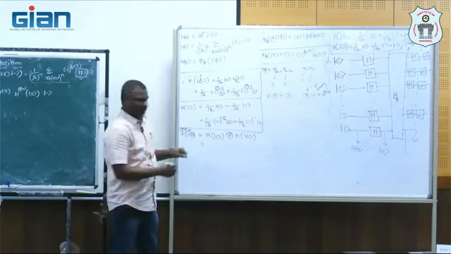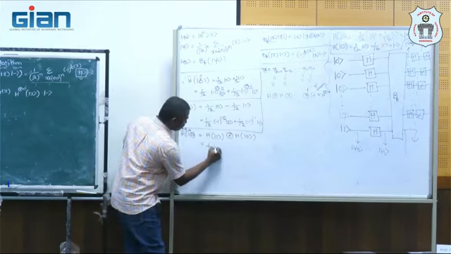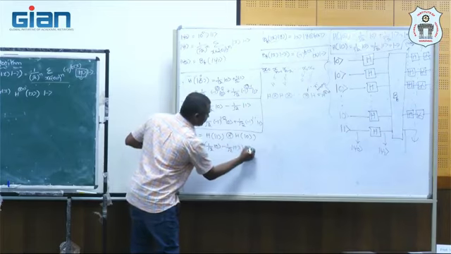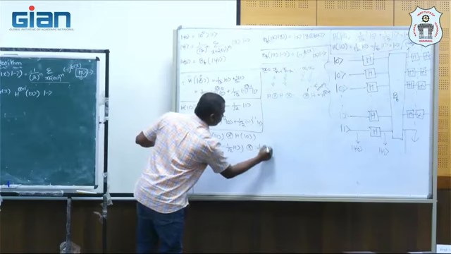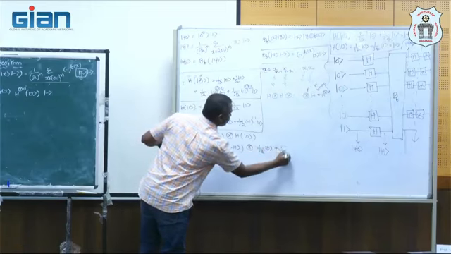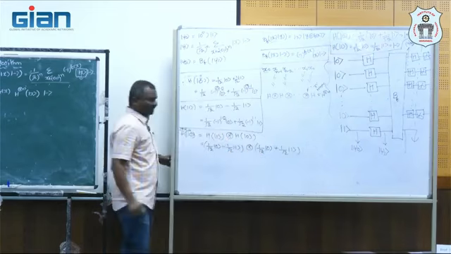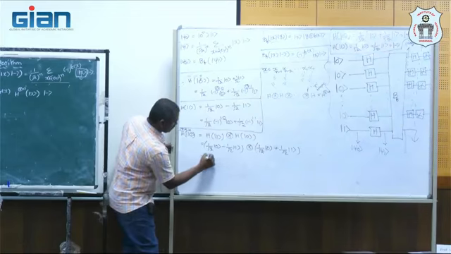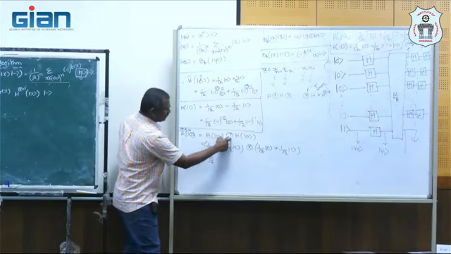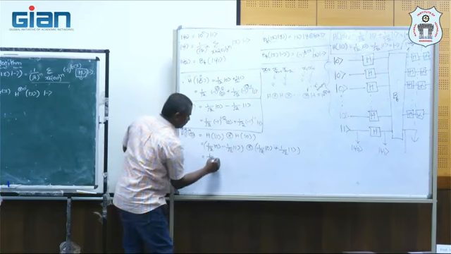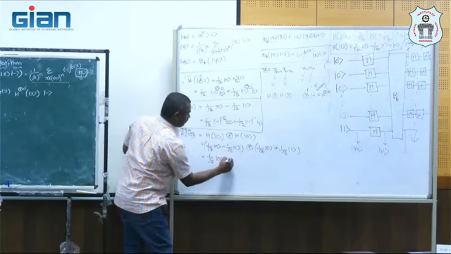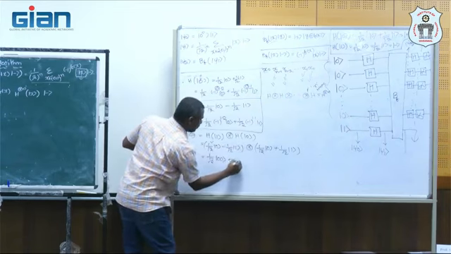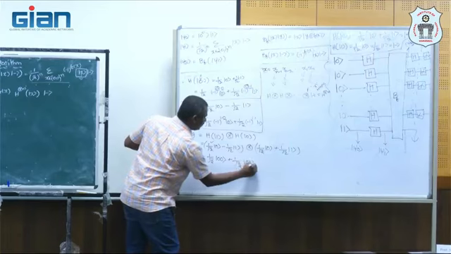What is this? 1 by root 2 ket 0 minus 1 by root 2 ket 1 tensor with 1 by root 2 ket 0 plus 1 by root 2 ket 1. Is that correct? Now, 1 by root 2 ket 0 0 plus 1 by root 2 ket 0 1.